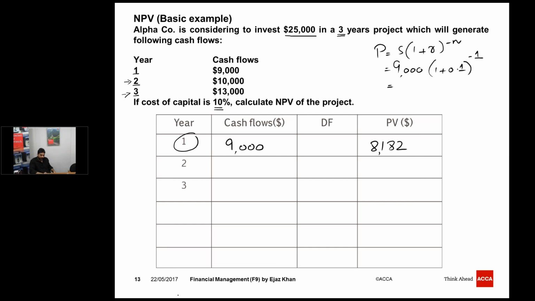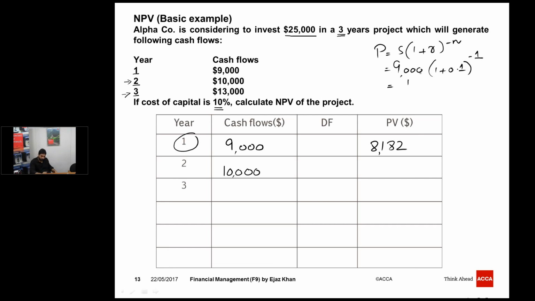But this project is a 3-year project and we are also going to receive $10,000 after year 2. So let us now see how much we should invest today against the $10,000 that we are supposed to receive after year 2.